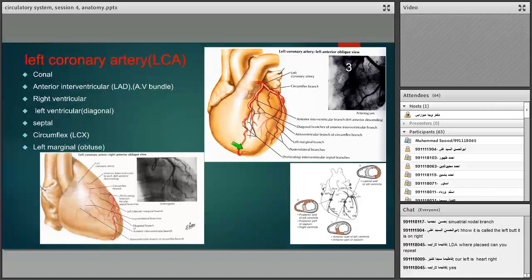It is coming down to reach the apical notch of the heart. Look at here, it is coming down to reach the apical notch.